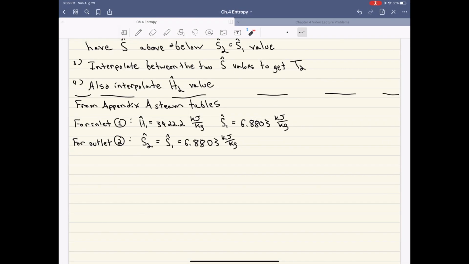Going back to our work, at 200 degrees, the entropy is this. At 250 degrees, the specific entropy is this.